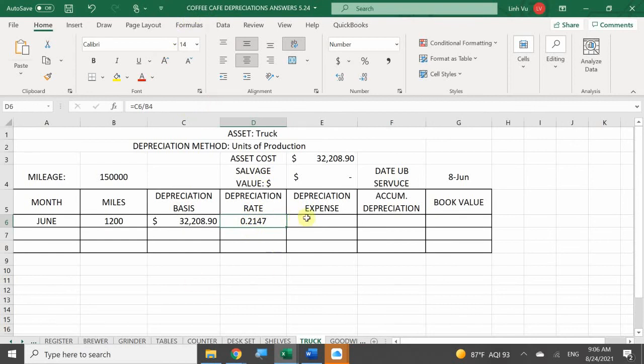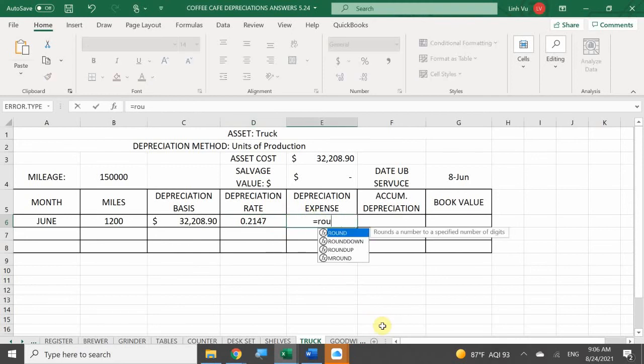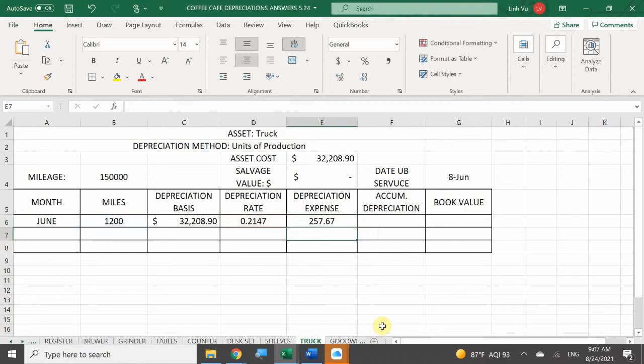So in this case, what's my depreciation expense going to be? 257.67, and I got that by multiplying the per unit rate by the miles. Good. AQ is going to be the same.